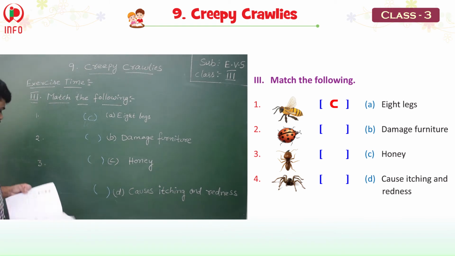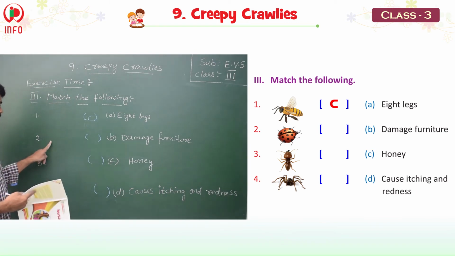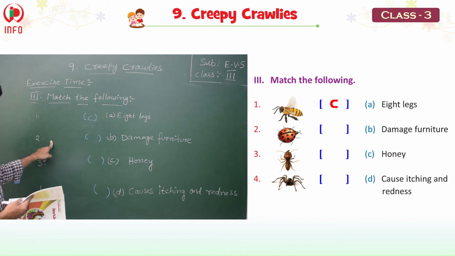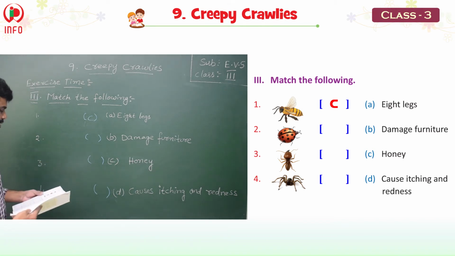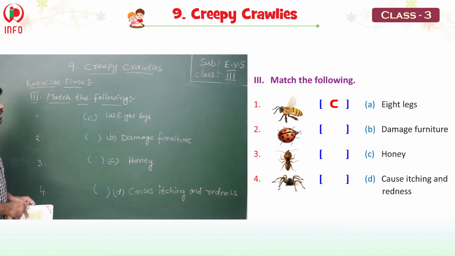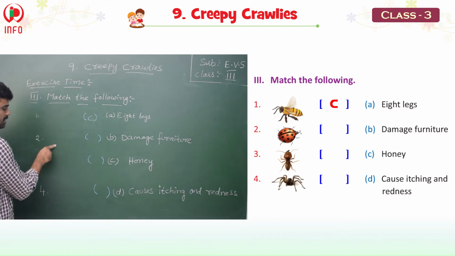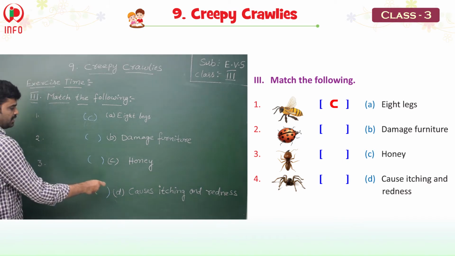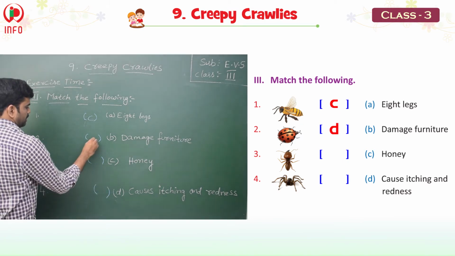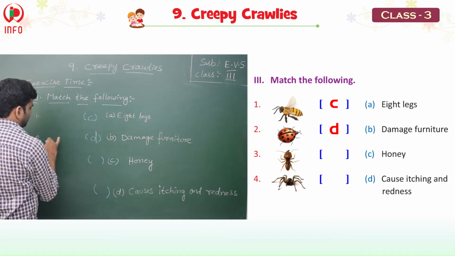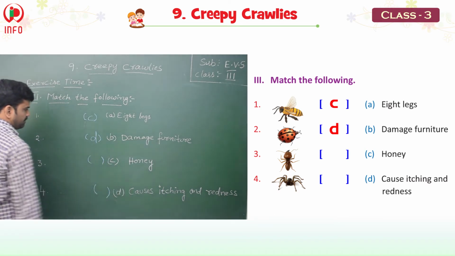Next one. So what is this, children? Yes, it's a bug, which causes itching and redness. So here I am writing D. Why? Because this matches with D.